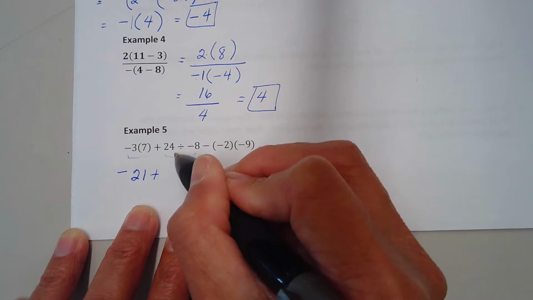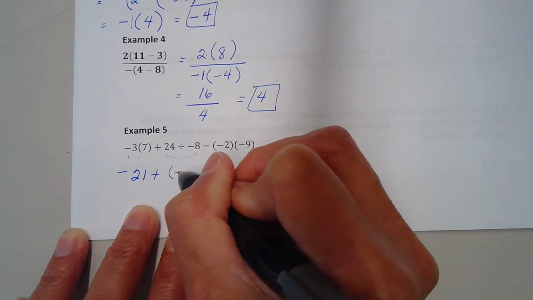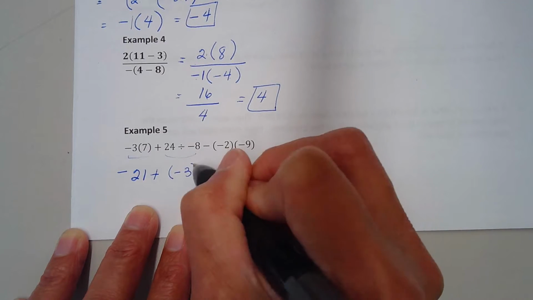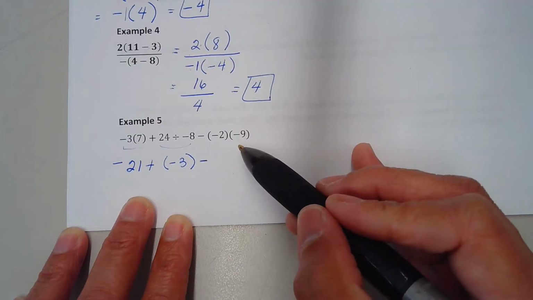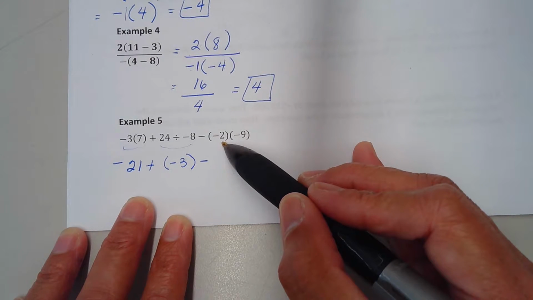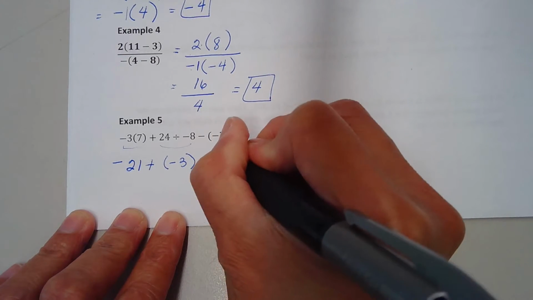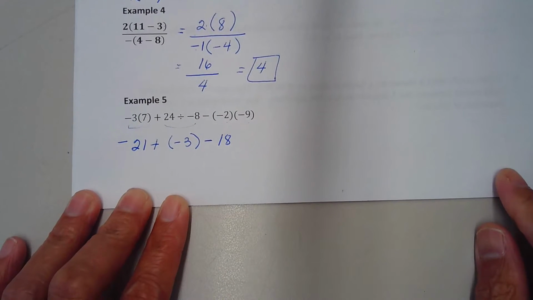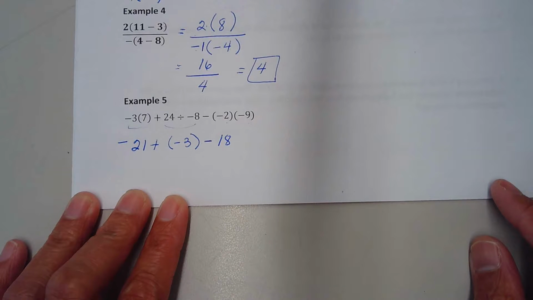This is 24, the division would be negative 3. And then this is minus negative 2 times negative 9, which would be positive 18. 24 divided by minus 8 is minus 3.